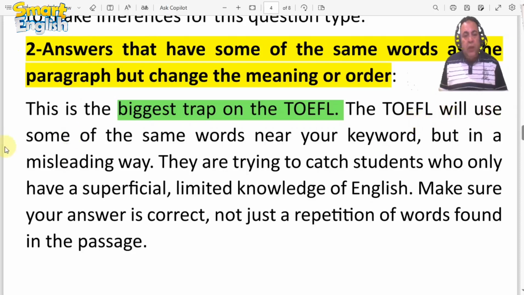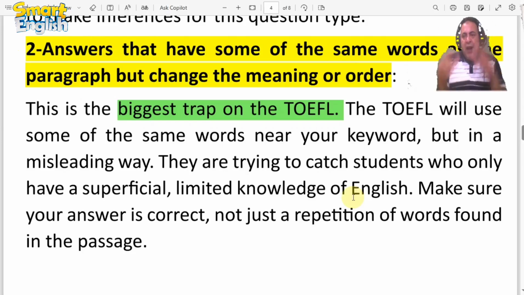The TOEFL will use some of the same words near the keywords. Pay attention here. You will find some keywords near the idea, but in a misleading way. They are trying to catch students who only have a superficial, limited knowledge of English. So I'm here to pass on my knowledge and experience about this kind of question. You have to pay attention and be cautious of falling into this trap.